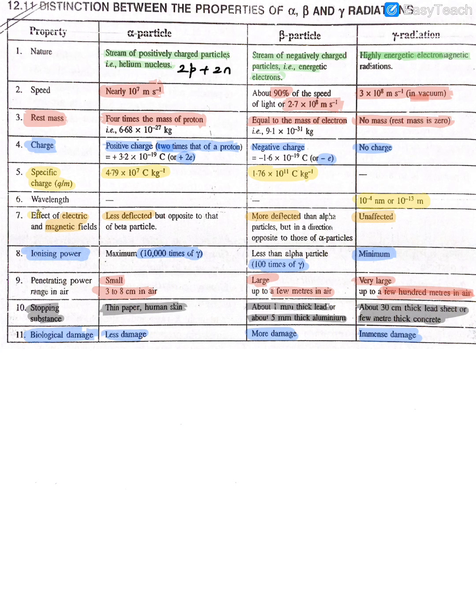Now one more very important thing that you need to know is what happens actually when an alpha, beta or gamma is emitted. So guys, say this is your alpha particle.